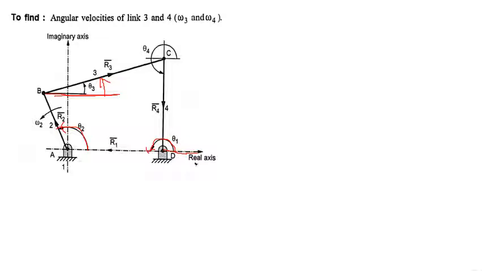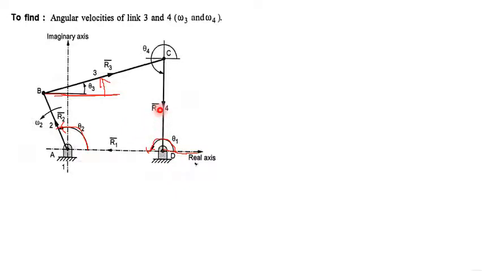Next, the last link, link number 4. Since D is fixed, it is vector C with respect to vector D, therefore the direction should be towards D. This is the R4 vector.